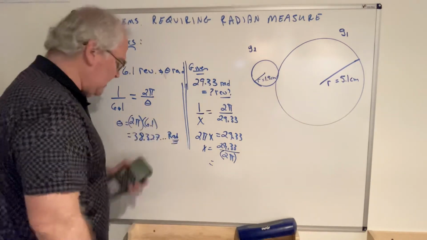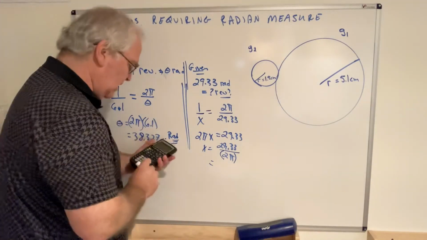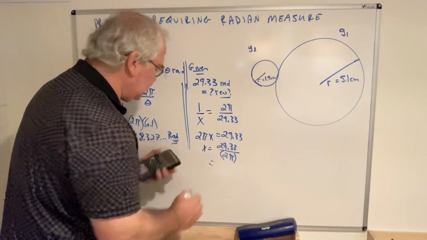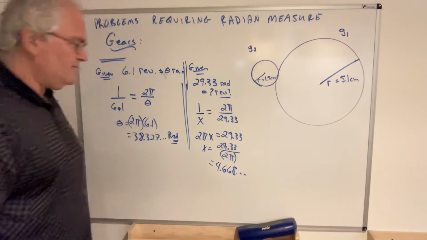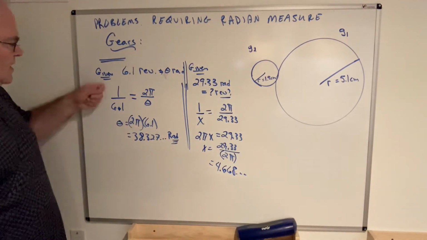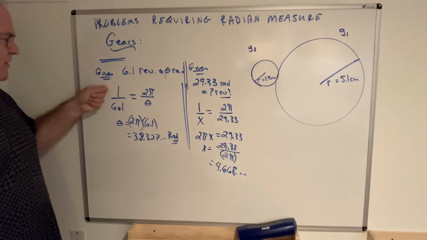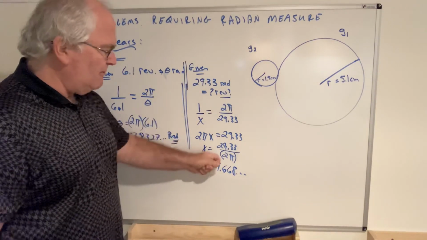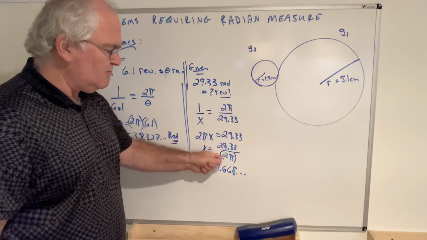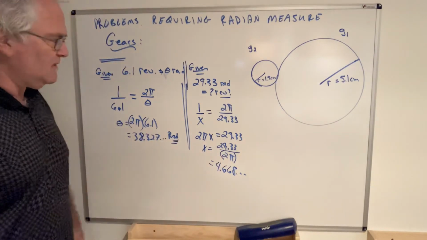Now everything's going to be fine. Instead of that 46 or whatever it was a while ago, we end up getting 4.668 and so on. So set up this proportion, changing from revolutions to radians or from radians to revolutions. Remember, when you divide by 2 pi, you must divide with parentheses.